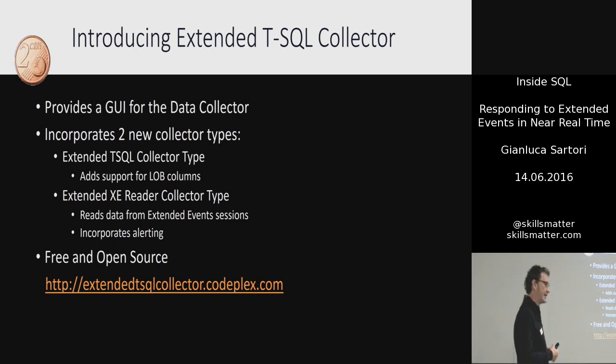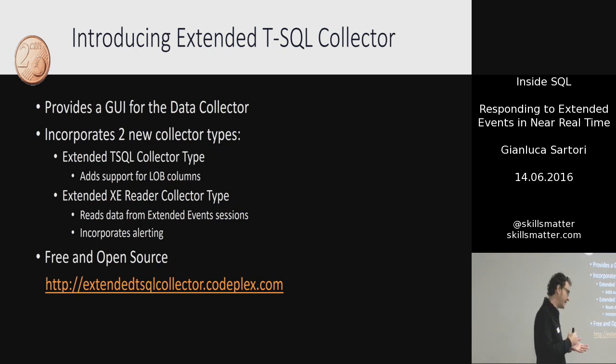With the standard data collector, when you try to extend it by creating your own collection items, if you try to capture LOB data, it won't work because it uses an intermediate format when it writes to the cache before uploading to the target server.